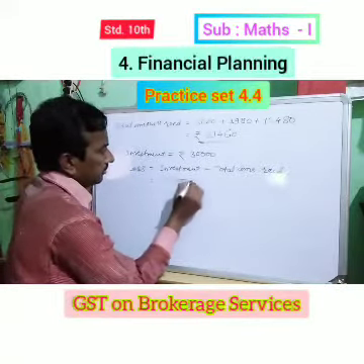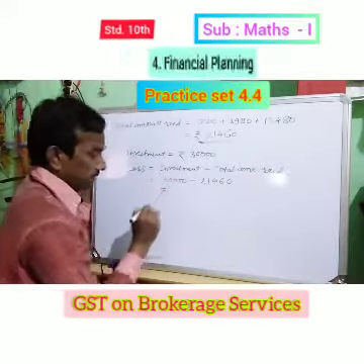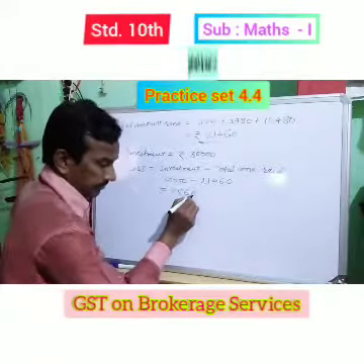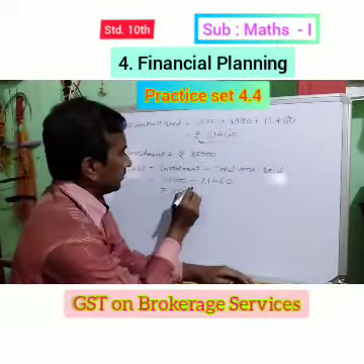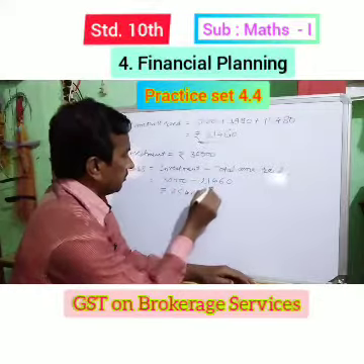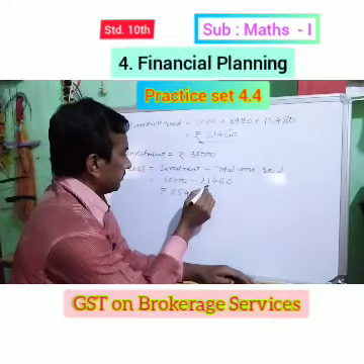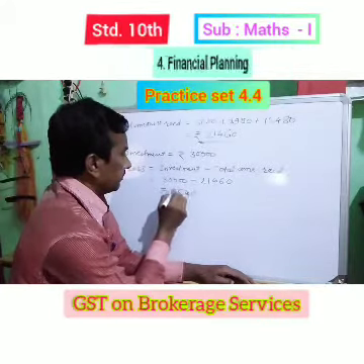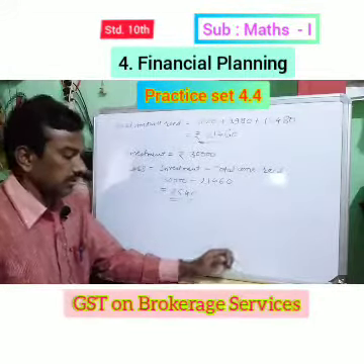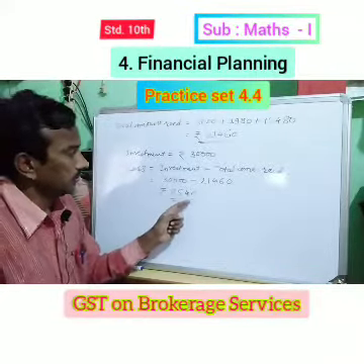Investment 30,000 minus 21,460, therefore loss of 8,540. Means Mr. D'Souza suffered a loss of rupees 8,540.